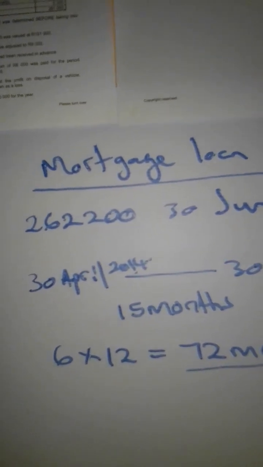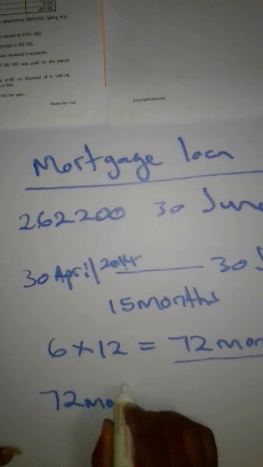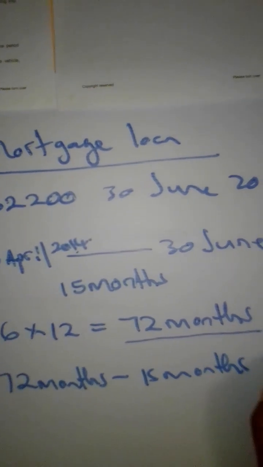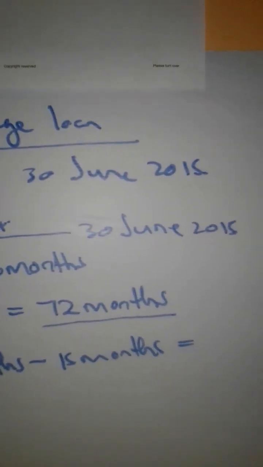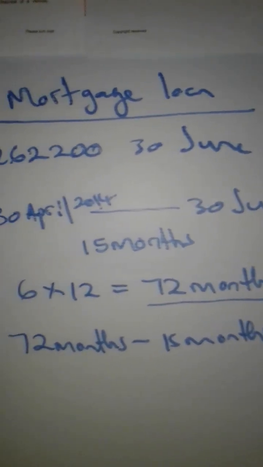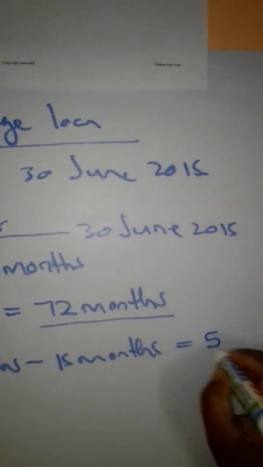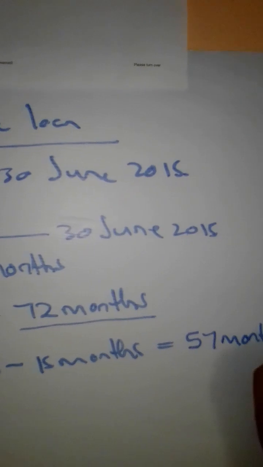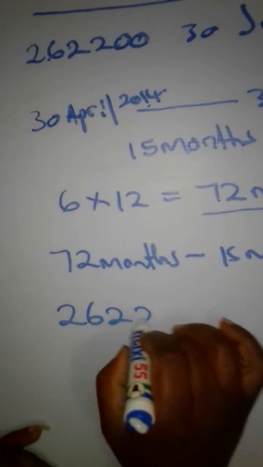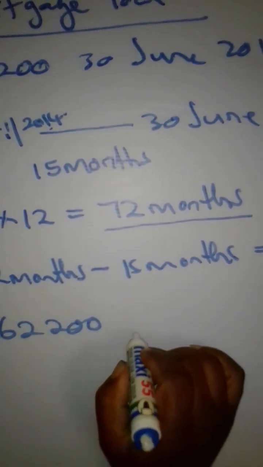So we say 72 months minus the 15 months. 72 minus 15 will leave us with 57 months. In other words, 262,200 is actually for 57 months.